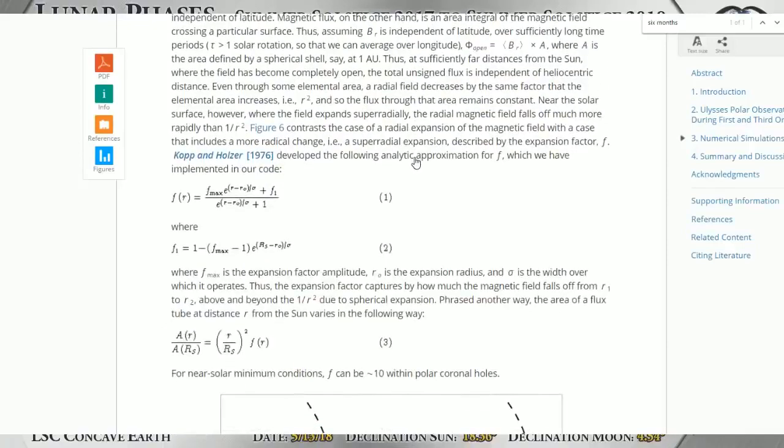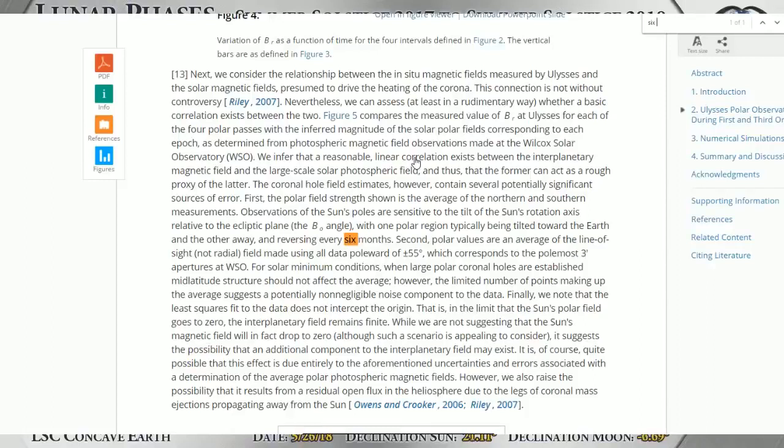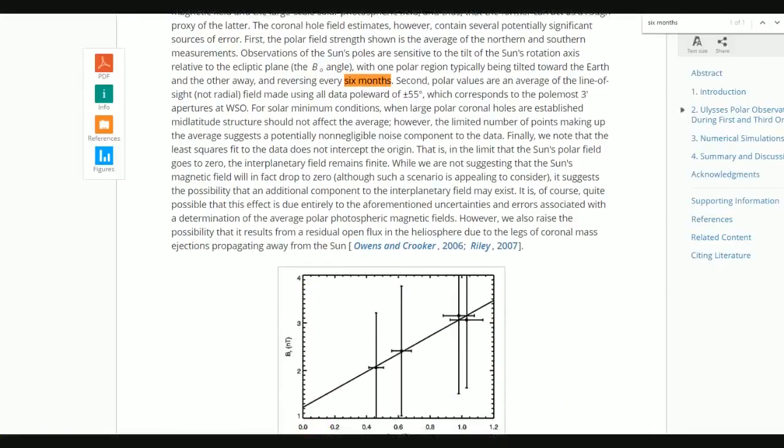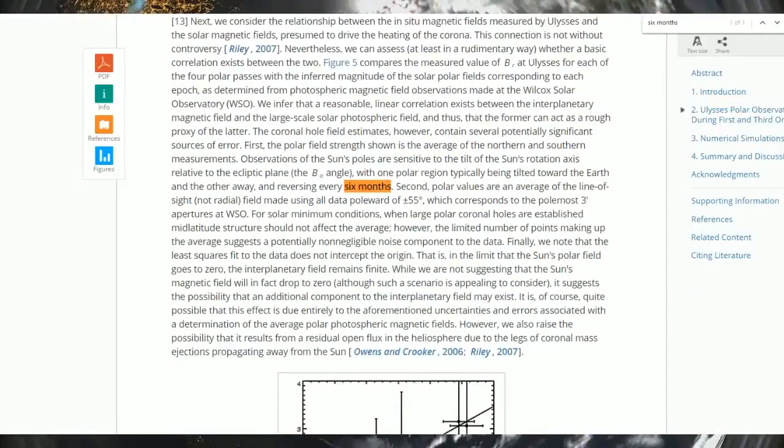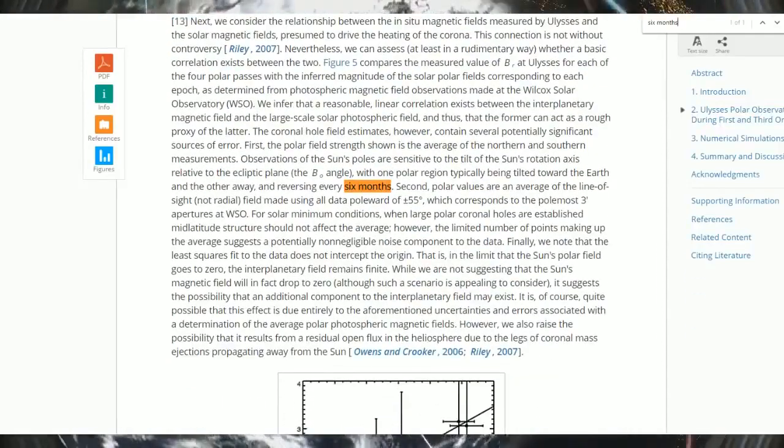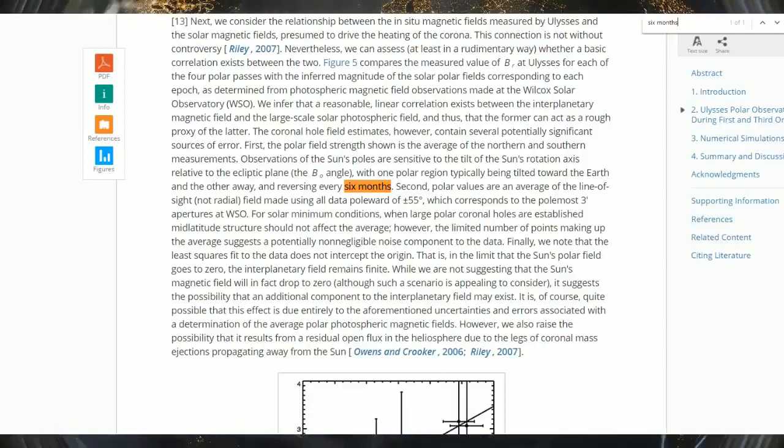The Ulysses satellite was a satellite that tracked the sun's activity. And this was like during 1994, 95, and then 2002, 2007, 2008. What they had noticed. Now, keep in mind, this satellite is real, but it's orbiting inside the Earth in inner space.